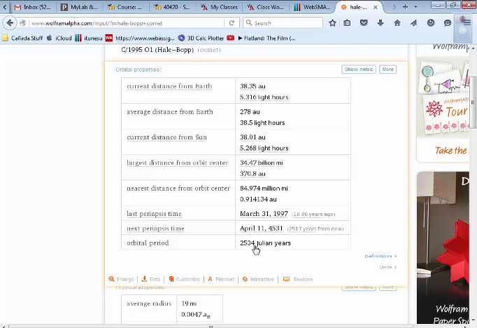So we're at Julian years. Is that, what's our calendar? It's the Gregorian calendar, but is it Julian? So it takes 2,534 years for this thing to pass.